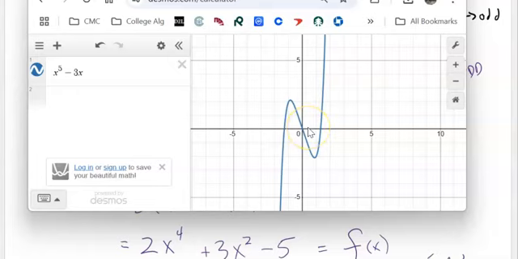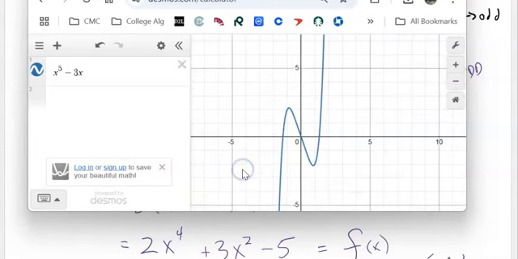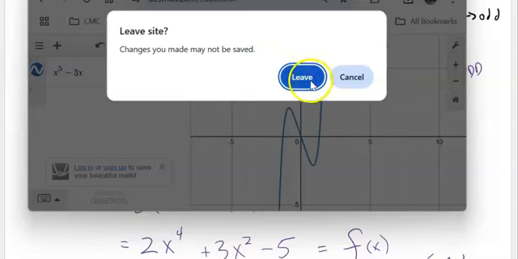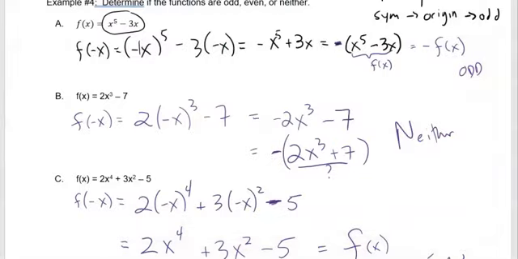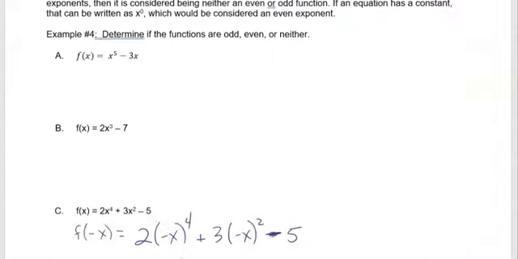If I were to kind of wrap it around 180, this would be up here and this would be down here, right? If you just kind of twisted that thing 180 degrees, the graph would be the same graph. All right, so I hope that's helpful. And that's my last example for that section.